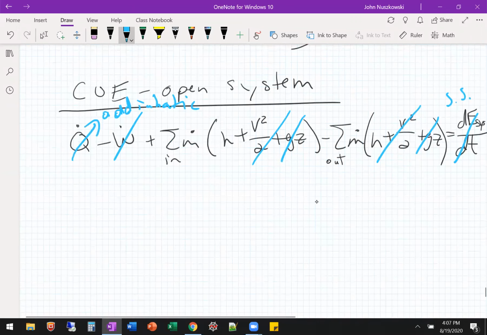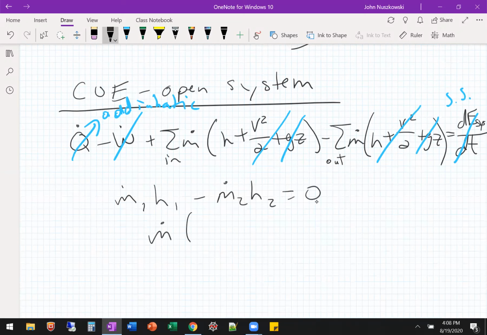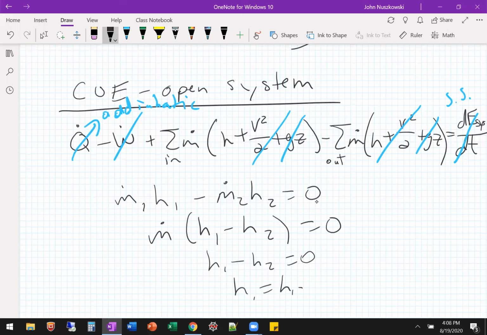Okay. So we have mass flow rate carrying in enthalpy, mass flow rate carrying out enthalpy. Conservation of mass pulls the mass flow rates together. If we divide by mass flow rate, then we just have H1 equals H2.